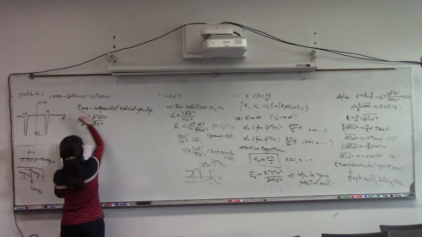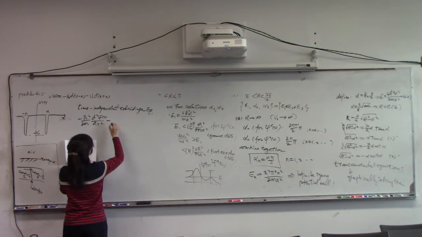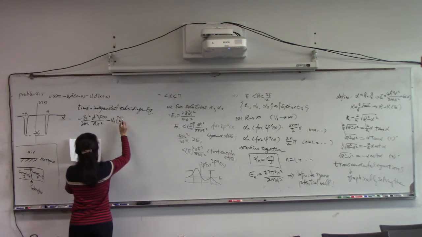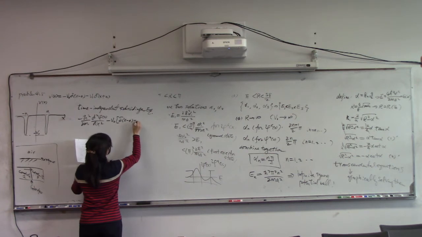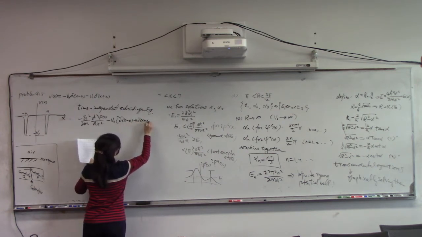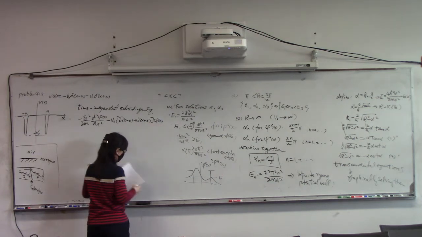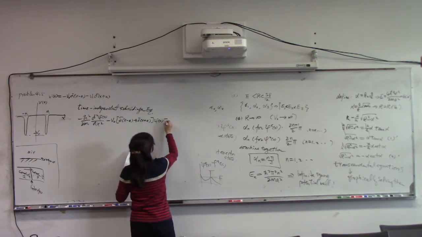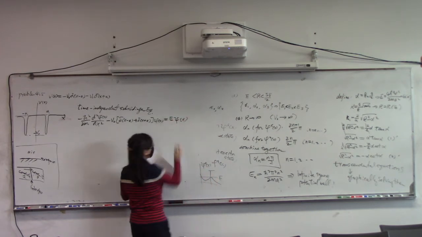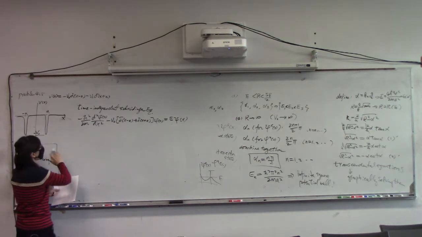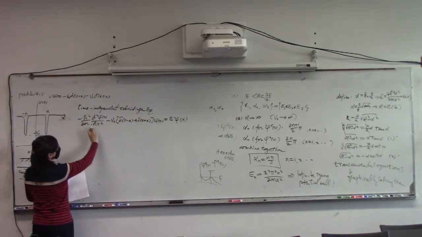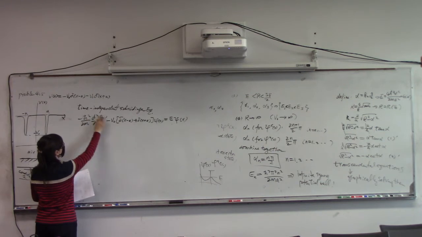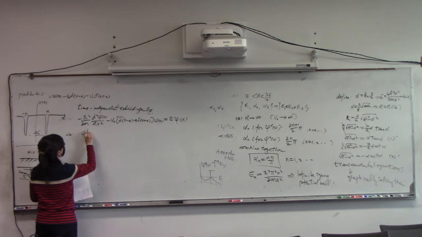Potential energy, we just write down here: V naught times delta(x minus a) plus delta(x plus a), acting on psi(x), equal to E psi(x). That is the Schrödinger equation. Or we make the coefficient of the second order derivative 1, by dividing.